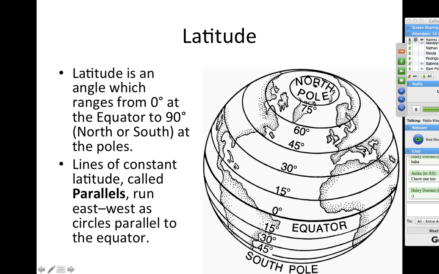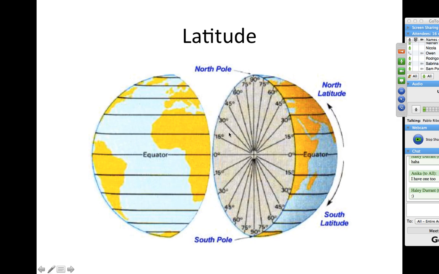The lines of constant latitude are called parallels because they are parallel to the equator. They run east to west and circle the equator. So measuring latitude is basically measuring the angle between the equator, the center of the earth, and where you are.